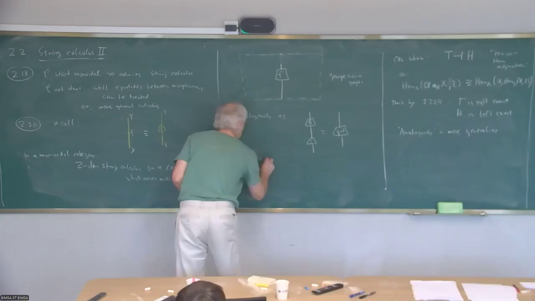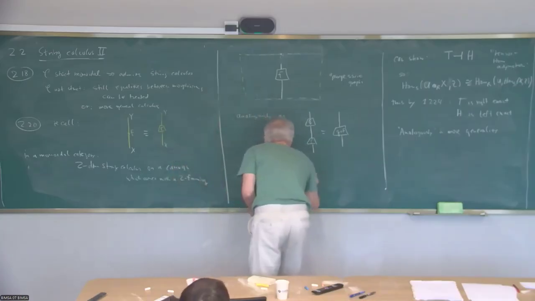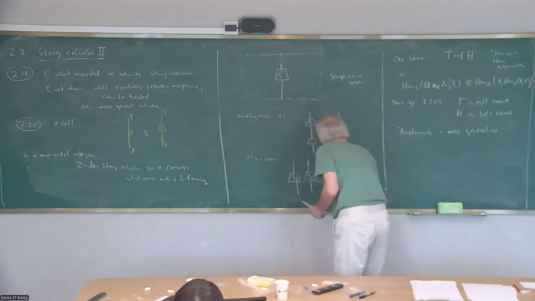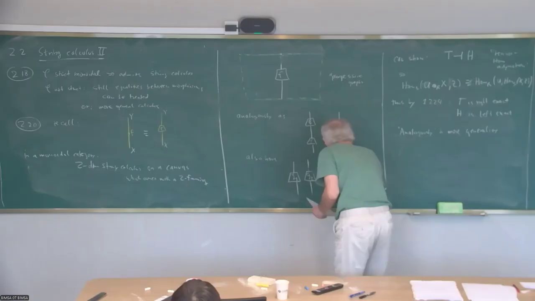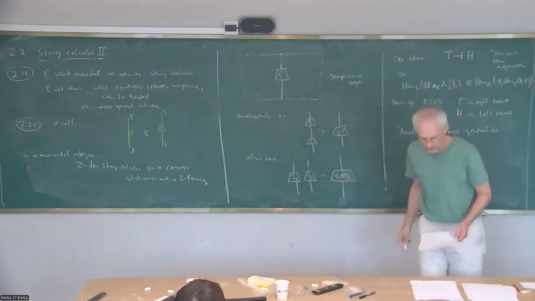We now also have that if we take two morphisms, G1 and G2, in this form, then by a local move, we can replace it by G1 tensor G2 in a single coupon.